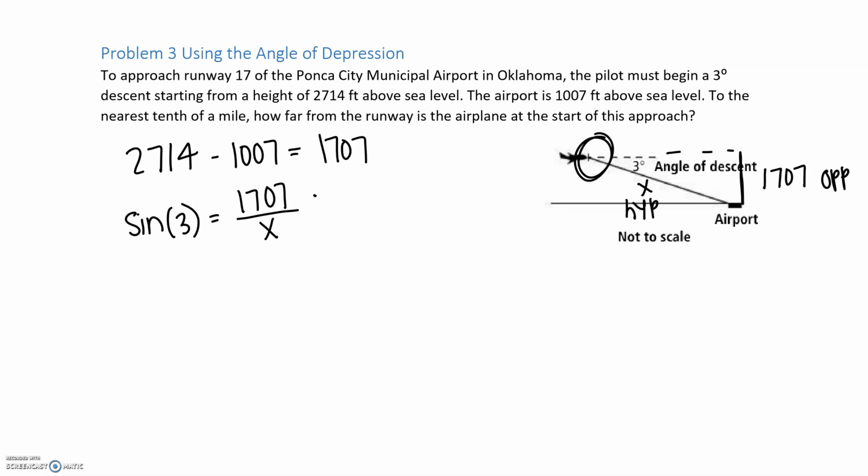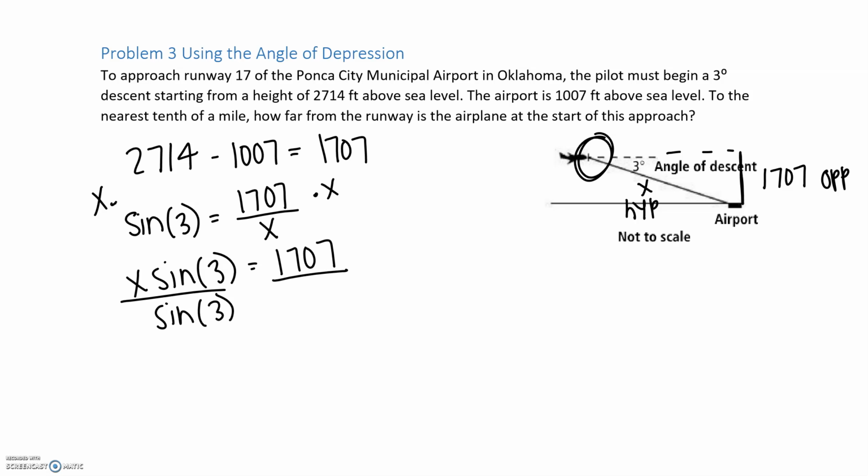So to solve for this, we're going to multiply both sides by x, which leaves us with x sine of 3 equals 1707. And now we're going to divide by that sine of 3. Okay, that's going to leave us with x equals 1707 divided by the sine of 3.